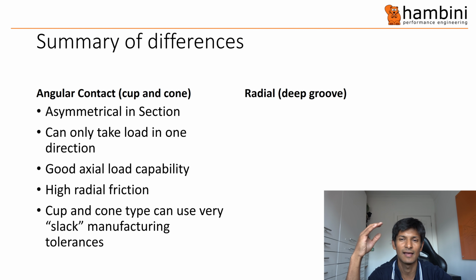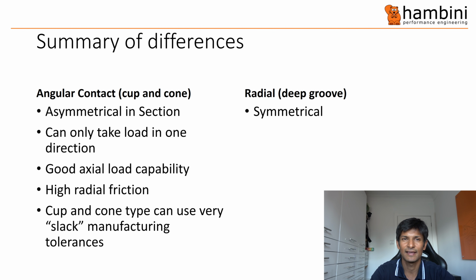And then the big advantage, and don't let anyone kid you otherwise, is if you've got a cup and cone bearing, you can have very slack, and I mean very slack, manufacturing tolerances, because you've got a preload system to take up the slack. So if you're the likes of Shimano, it is cheap to make because you've got the economies of scale where you can make the bearing surfaces in-house. You don't have to buy bearings in, so it is cheap to make, and there's no arguments about it.